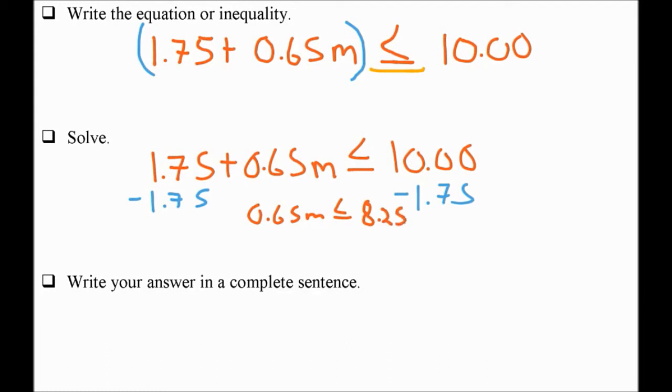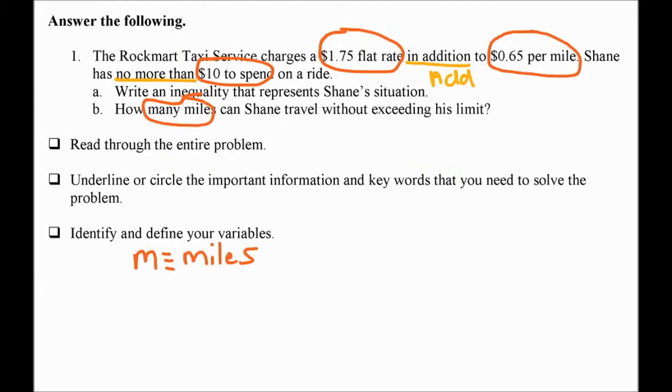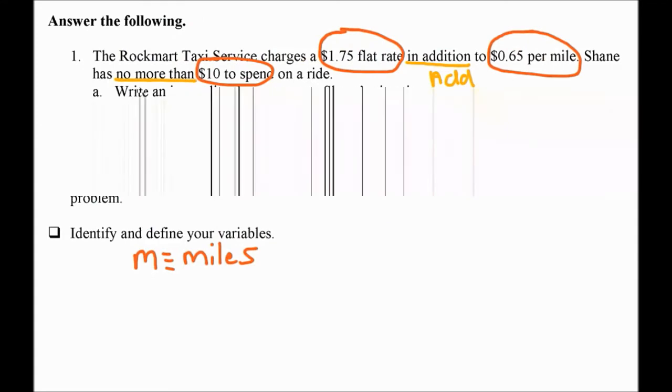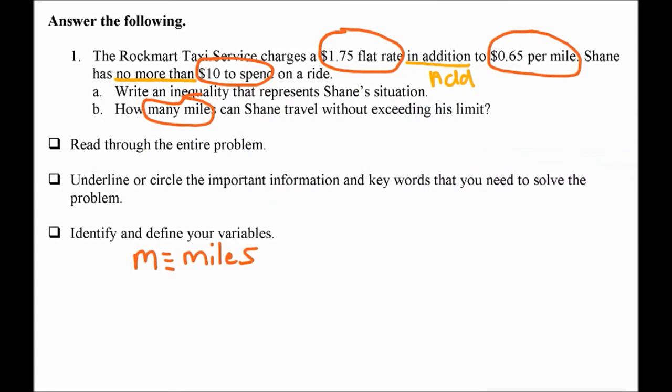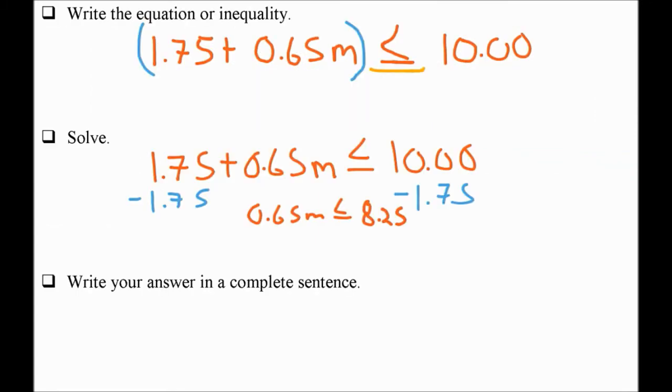8.25. And now I need to solve for m, because remember, the goal of this is to figure out how many miles Shane can travel without exceeding his limit. It's going to tell me how many miles Shane can travel without exceeding this limit of $10. Now, the last step, I just divide both sides by 0.65.